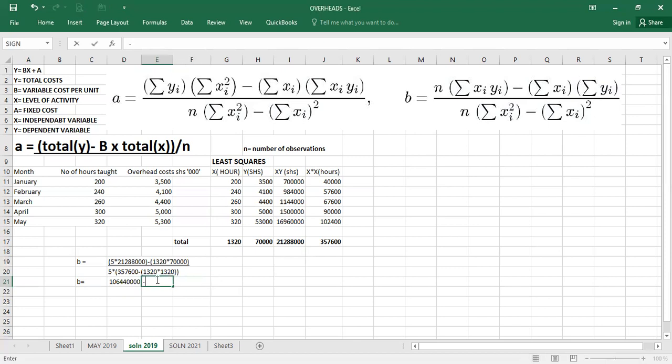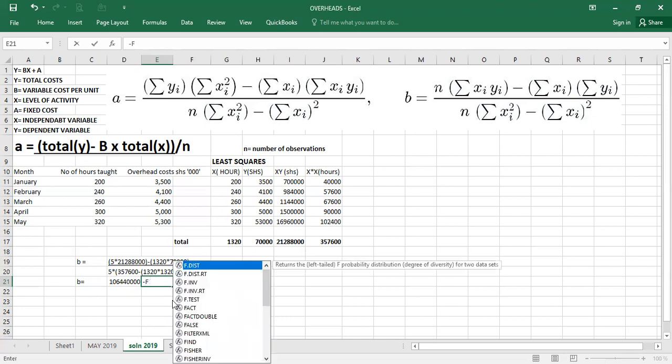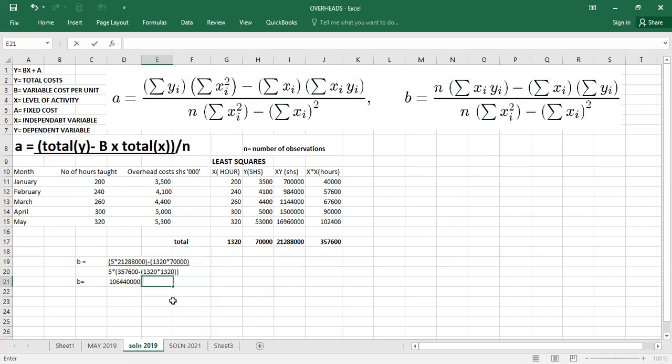Here we are saying minus, so this one, let's put it here. What we are going to be deducting, it is equal sign 1320 multiplied by this.